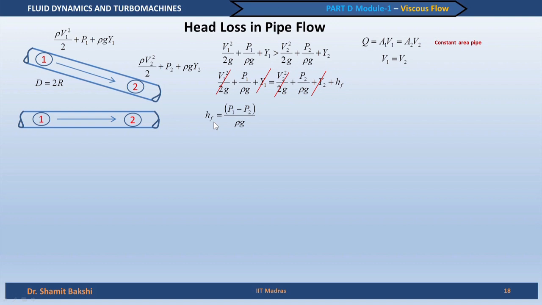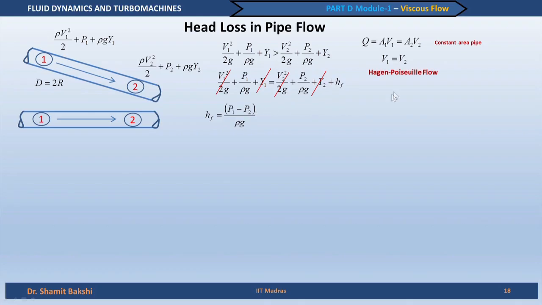Now, if you remember in our Poiseuille flow example in the last slide, what we got is an expression for P1 minus P2. We got an analytical expression for P1 minus P2 for the case of a laminar flow. We can utilize that equation.